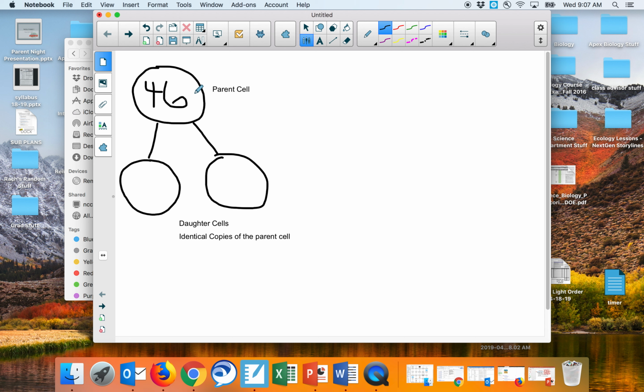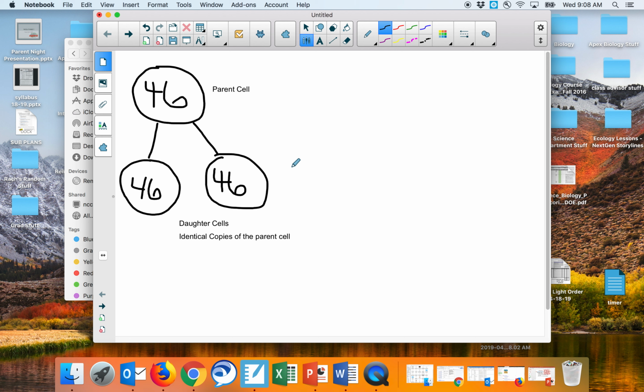And I said to you in a question, let's say on a test or quiz, how many chromosomes would be in the daughter cells? Well, I can answer that because I know in mitosis that when the parent cell divides and becomes daughter cells, they are identical copies. So that means that these daughter cells have to have 46 chromosomes as well.